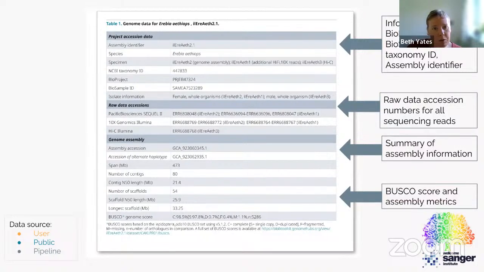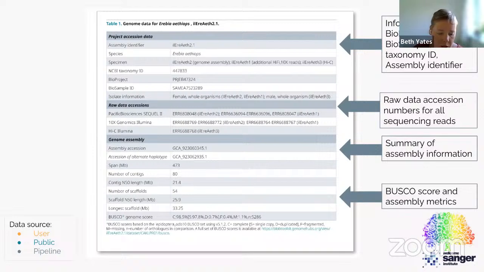And then we have a table which has most of the interesting information, the metrics for an assembly. This is where you can find things like the bioproject accessions, the sample accessions, the assembly accessions, so that you can then go and look for all of the data in public sources.